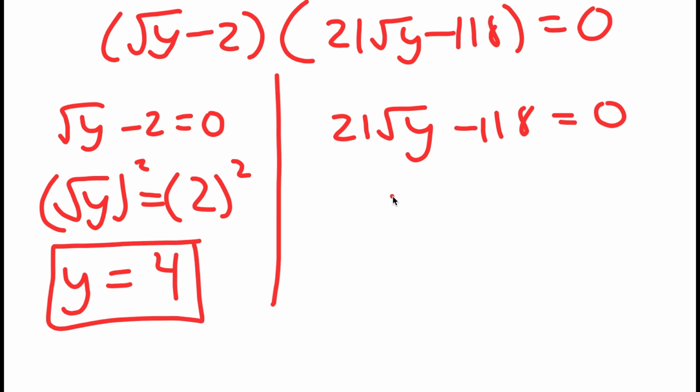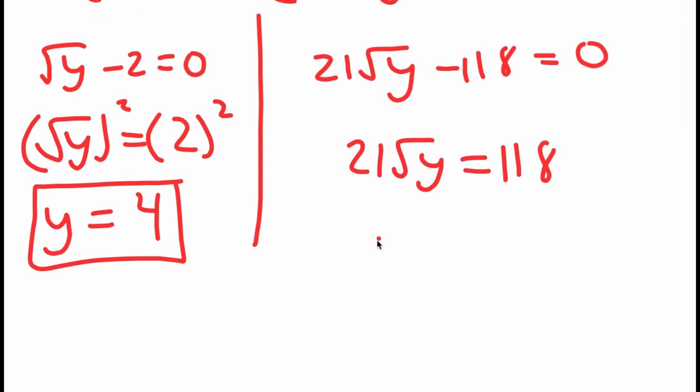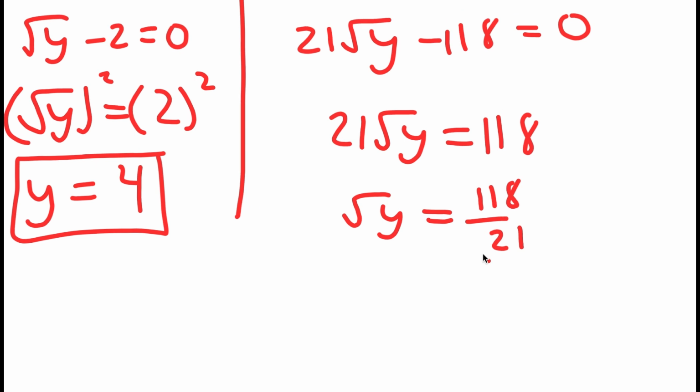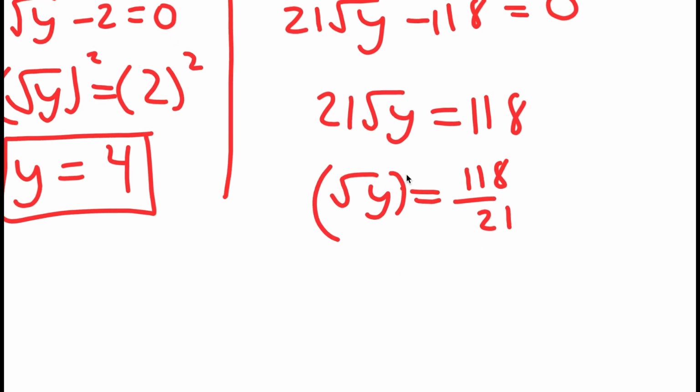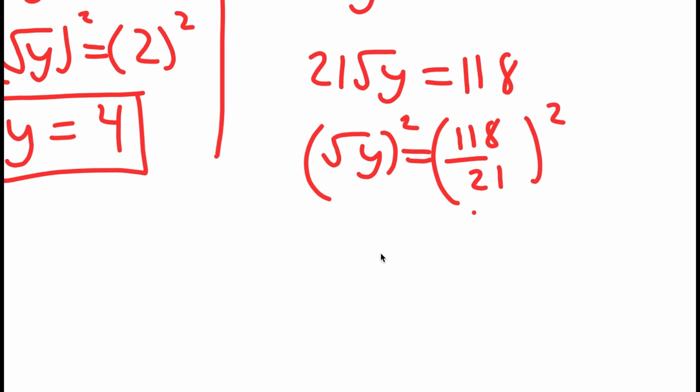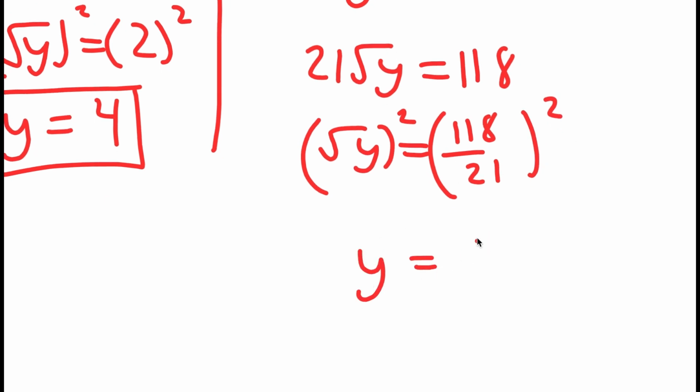And for my right-hand side, I have 21 root y is equal to 118, meaning the square root of y is equal to 118 over 21. And if I square both sides, I have y is equal to 118 squared over 21 squared.